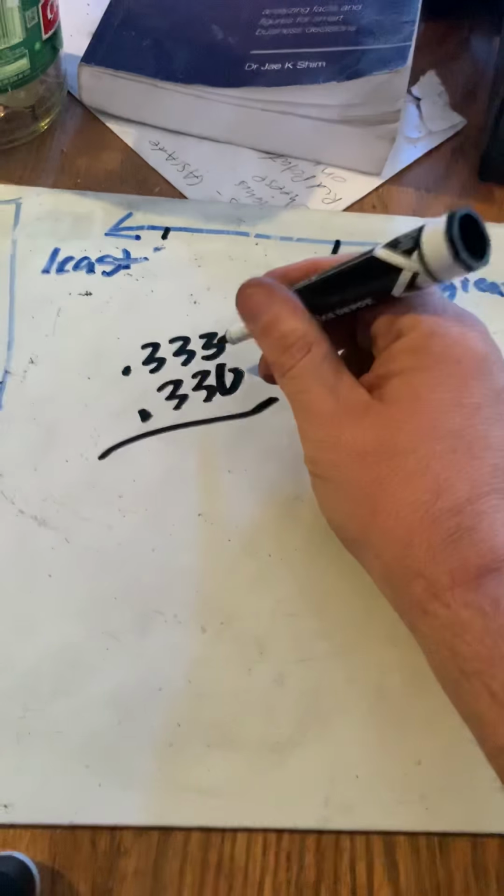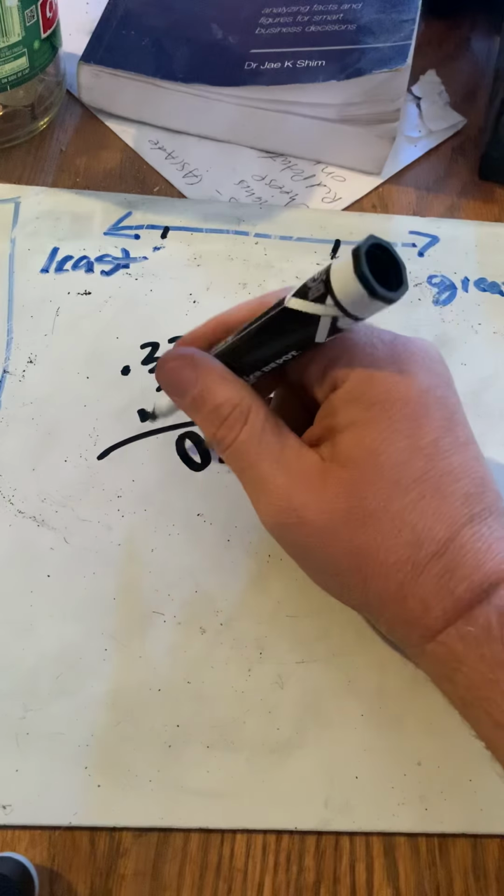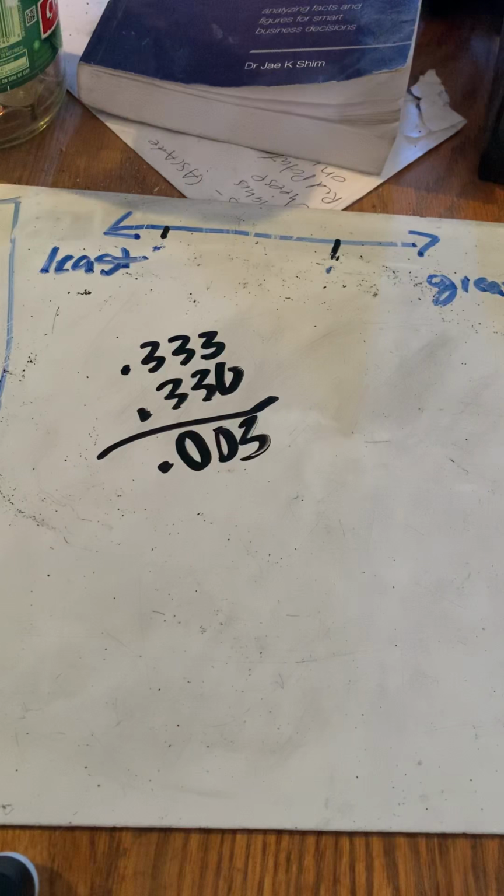Put a 0 here. 3 minus 0 is 3, and then that's a 0, that's a 0. So yeah, 0.003. Well, obviously 0.333 is bigger than 0.33, right?